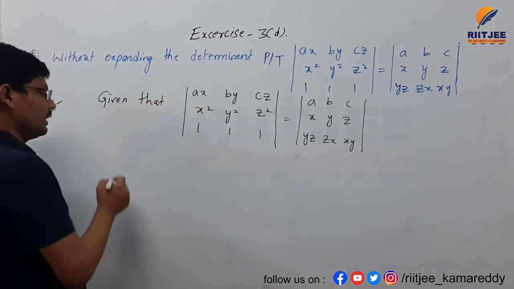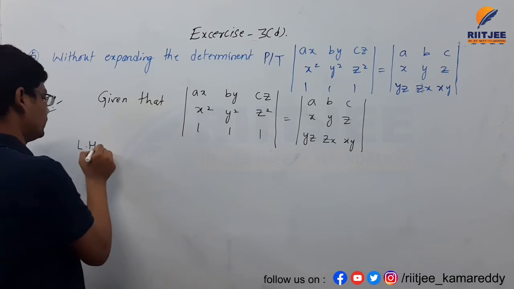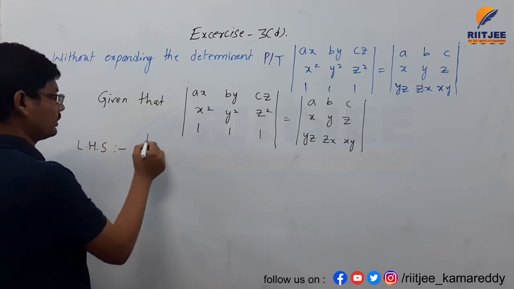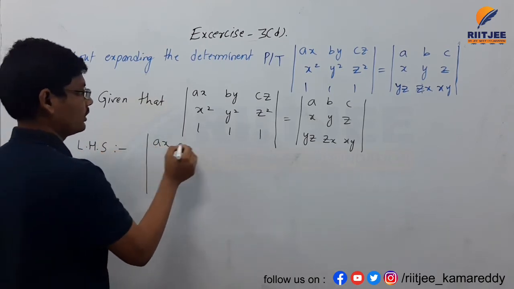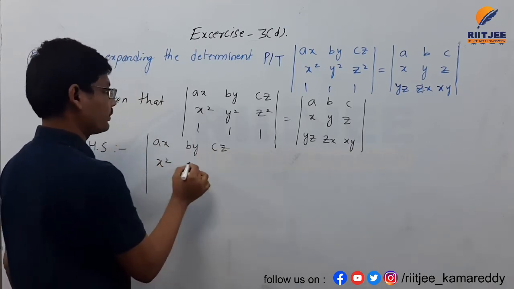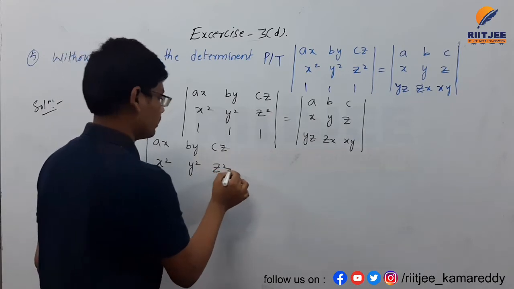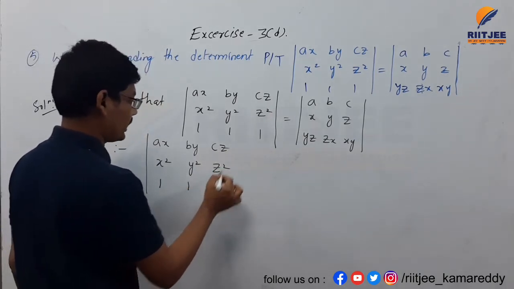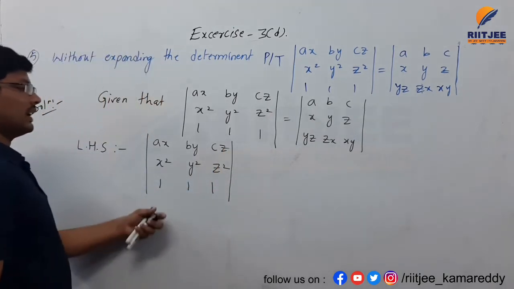And here I am taking LHS again. LHS is nothing but ax, by, cz; x square, y square, z square; 1, 1, 1. This is the LHS here.